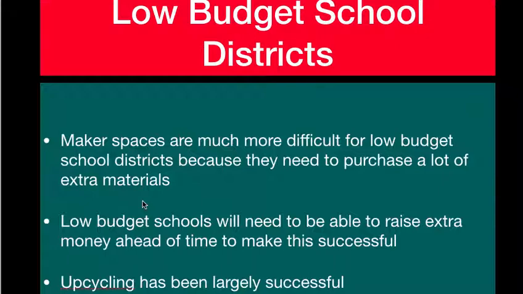For low budget school districts, this is going to be a lot more difficult. Low budget schools need to purchase a lot of extra materials, which they may not have in the budget. They will need to be able to raise extra money ahead of time to make this successful. Upcycling has also been a largely successful way to help this out.